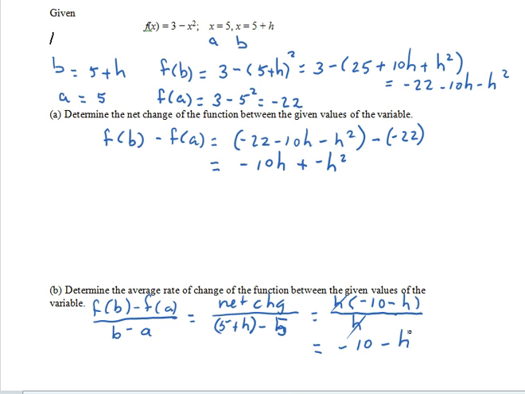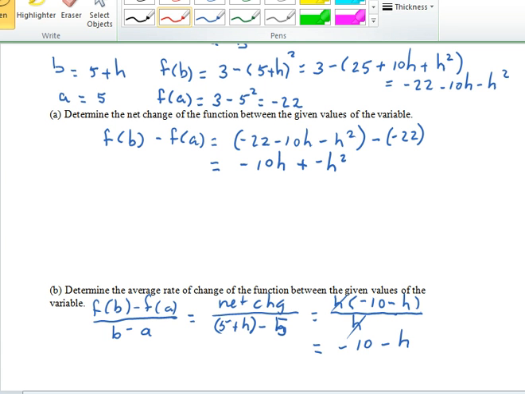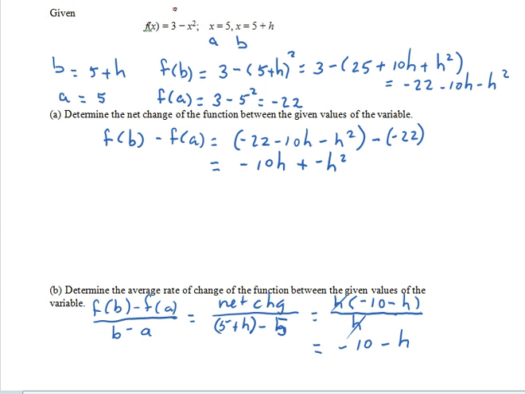So in this case, both the net change and the average rate of change are themselves functions of the value of h, where h determined the distance between a and b. So again, if we look at the graph, I'll let you confirm that the graph of y equals f of x is a parabola opening down.